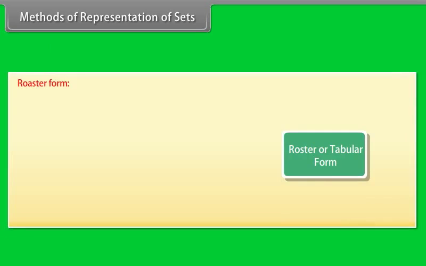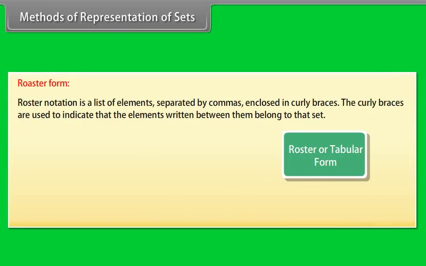Roster form. Roster notation is a list of elements separated by commas enclosed in curly braces. The curly braces are used to indicate that the elements written between them belong to that set. Let's look at some examples of sets listed with roster notation. R = {A, E, I, O, U}.